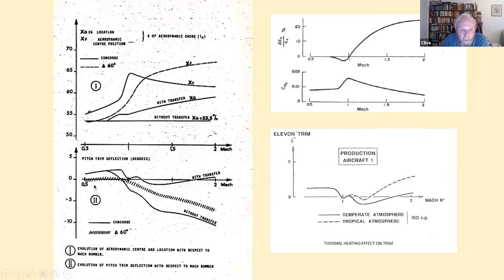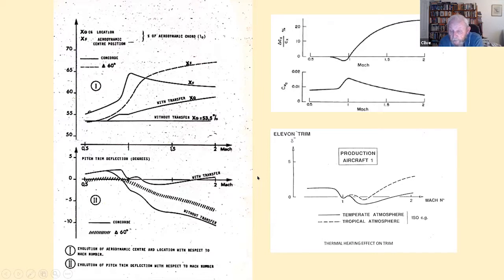The result of that is that instead of having this very big change of aircraft trim as you go supersonic, the trim change is actually quite modest and ends up at Mach 2, in fact, with a slightly favorable trim in that the elevator angle to trim is actually nose down. The result in drag is a very substantial reduction in drag because of this, and just for the record, the CMO changes that.